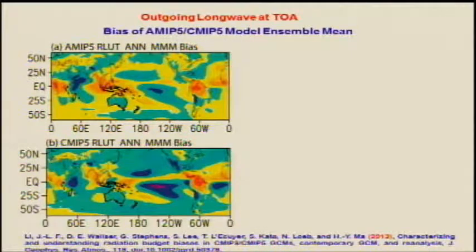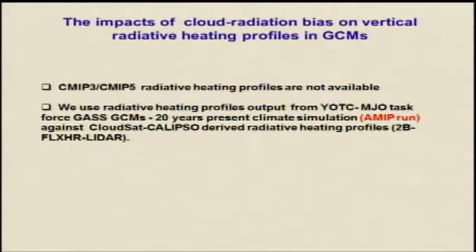And this is a coupled SAM5 run, showing the OLR, the outgoing longwave radiation. We try to use SAM3 or SAM5 to study the vertical radiative heating structure, but because they do not have the data, we use the MJO task force.